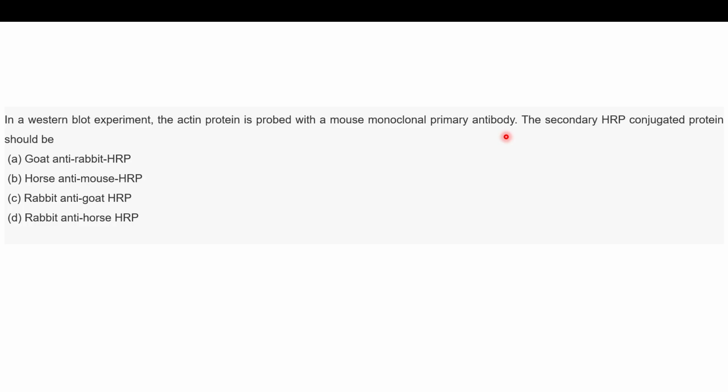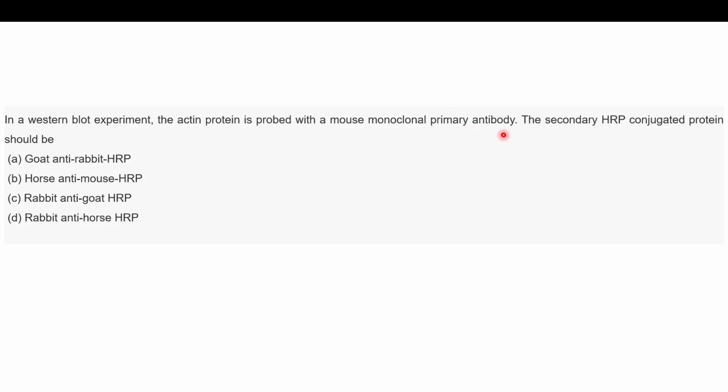Or suppose a secondary antibody against the primary antibody is developed, then it will eventually take up or degrade the whole primary antibody system, whatever has been developed against this particular antigen. Then the whole system doesn't make any sense, right? So the secondary antibody should always be against the primary antibody.